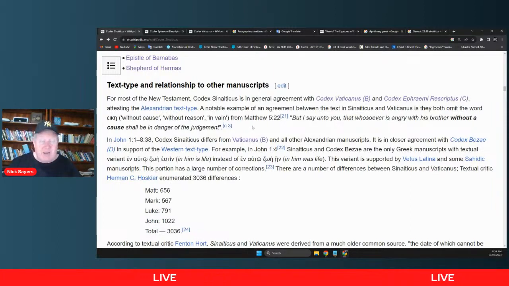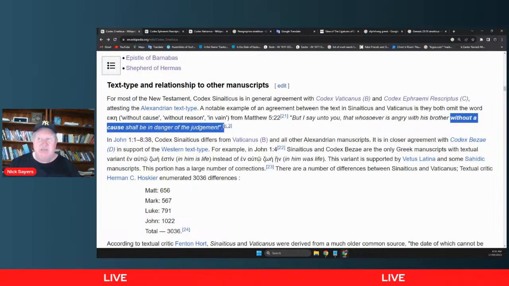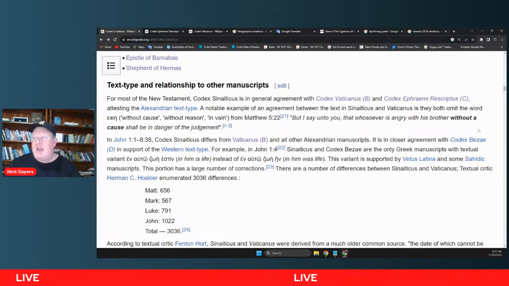And Jesus got angry quite frequently. Didn't he make a whip and start whipping people out of the temple? And did he get angry? Yes. But he got angry with a cause. Here it has, if you get angry with your brother without a cause, you're in danger of judgment. But if you're angry with a good cause, that's fine.